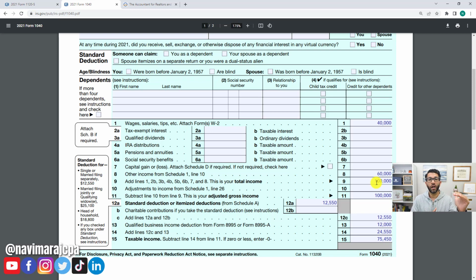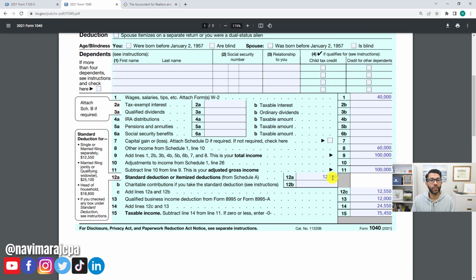It's the $40,000 of reasonable compensation and the $60,000 of profits that the S corp owner is taking. I'll refer to it as a distribution, but it's the portion of the profits that were not taken as reasonable compensation. All right, so that's 100 grand.